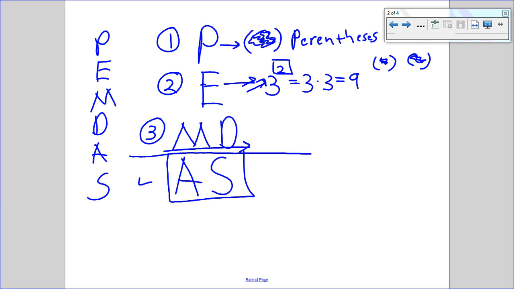It is the same as multiplication and division in that it must be done from left to right. You could very well subtract before you add, okay, or you can add before you subtract. The main thing is just be done with everything else before you begin addition and subtraction. But they are always worked from left to right, and you'll see that in the problems we're about to work.